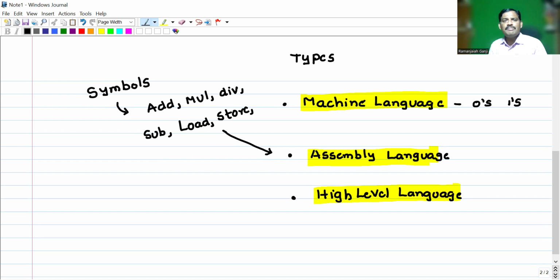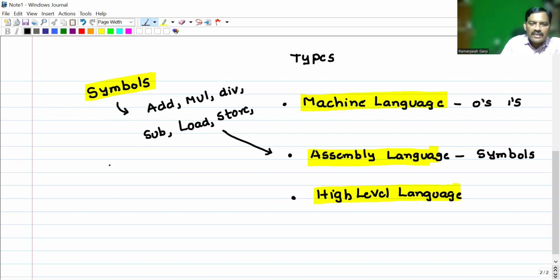Loading, storing, jumping, etc. These are also called mnemonics. Assembly language consists of some set of symbols for each and every machine language instruction. What are those symbols? Add, mul, div, sub, load, etc.